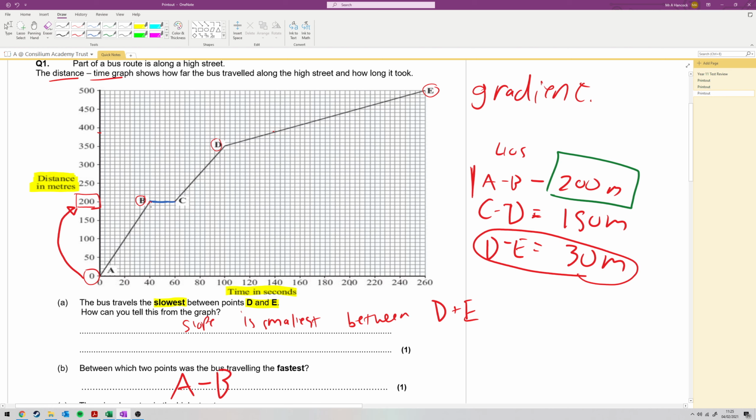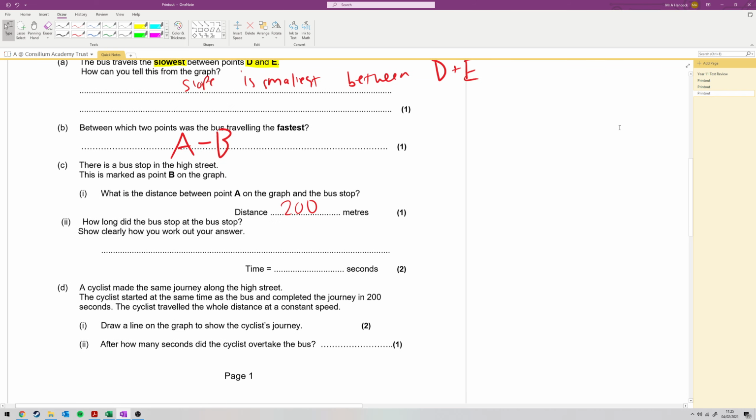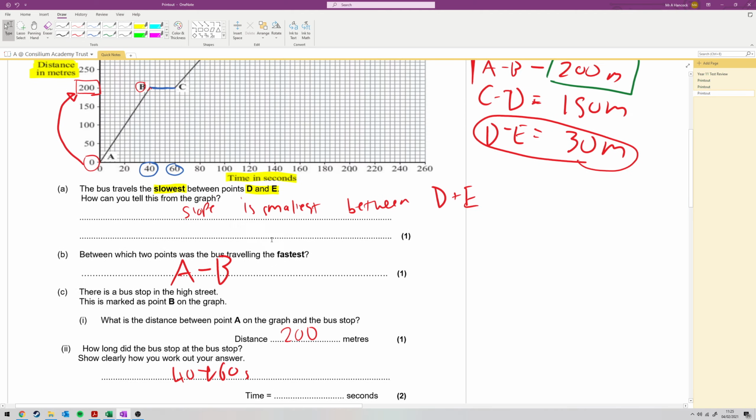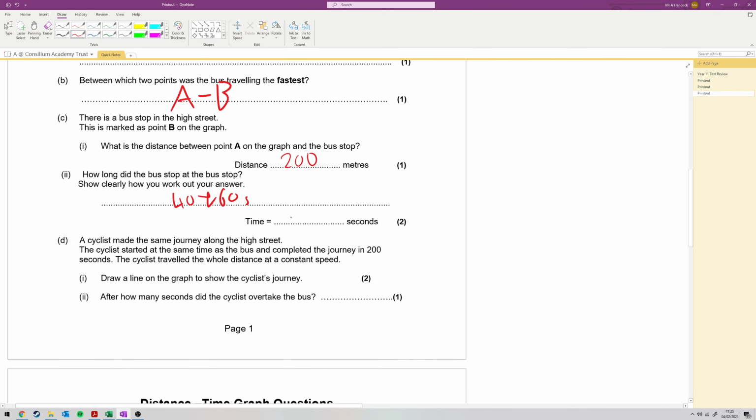Well, they arrived at the bus stop at 40 seconds, and then they started moving again at 60 seconds. So how long were they there for? It was 20 seconds. Well, showing clearly how you do your answer is drawing stuff on the graph, but in this case, you could say 40 to 60 seconds, so they were there for 20 seconds.